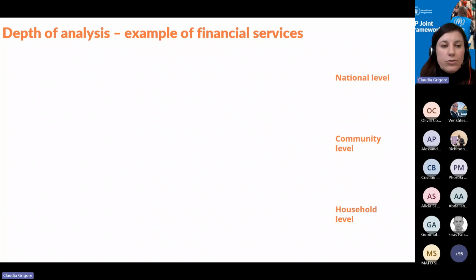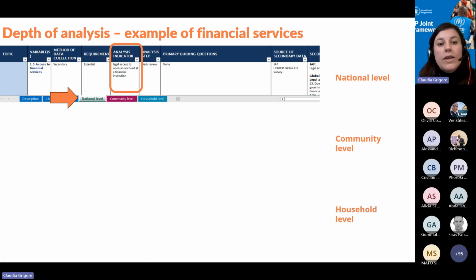So let's start with the national level. Now, at the national level, as you can see here, the module assesses the enabling environment for financial services in the country and looks more specifically at the legal access to open an account at a financial institution. So this data is mainly obtained through desk review and from secondary sources, such as the UNHCR Global Survey on Livelihoods and Economic Inclusion, or even the JAF itself, as you can see mentioned in those columns here.